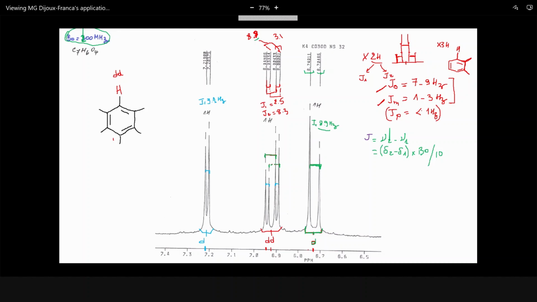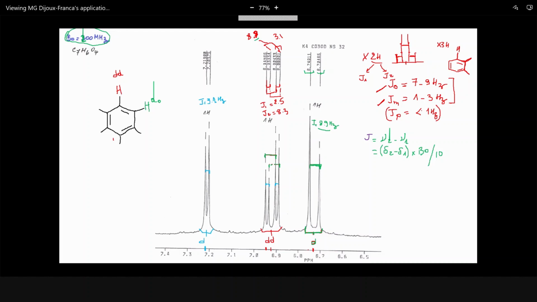So then in ortho position close to the green one, the red one, I should draw the green one. Doublet with ortho coupling. Is it okay for you? Okay. And where is the blue one now?